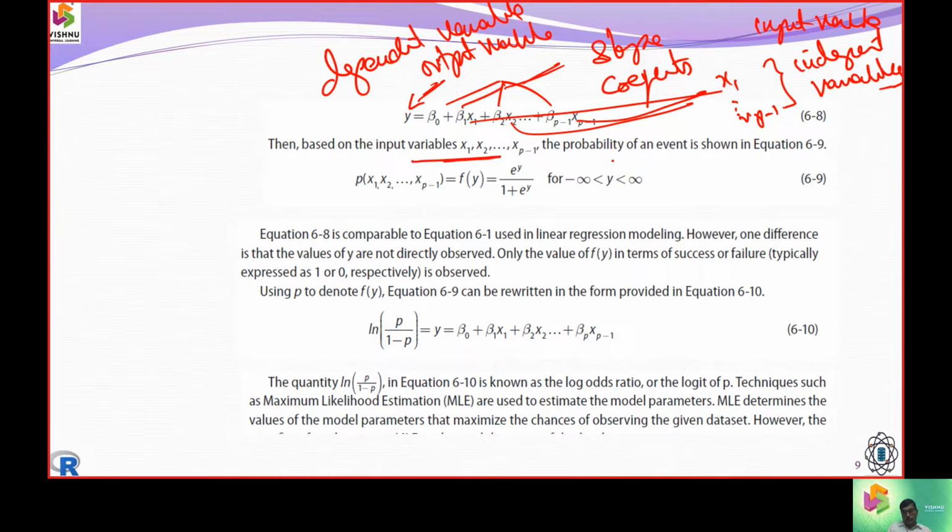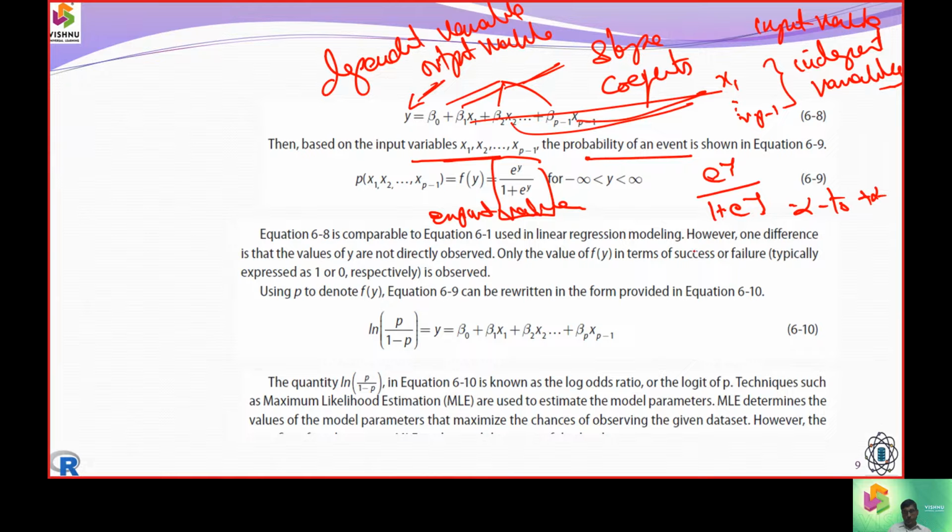These input variables represent the probabilistic event, and it is represented in the form of an exponent value, that is given as e power y by 1 plus e power y, and the range is from minus infinity to plus infinity. So that is where the model is going to spread.